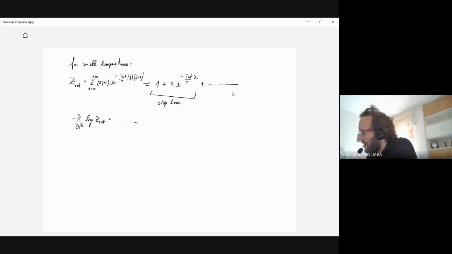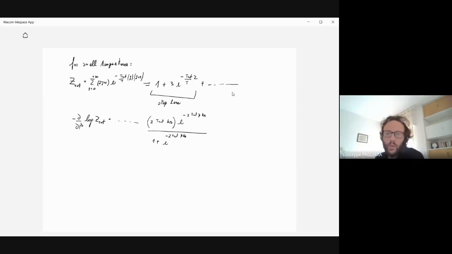It's just making a derivative, and I can just quote the final result, which will be twice t rot kb times the exponential of minus twice t rot beta kb, and at the denominator I have 1 plus exponential minus twice t rot beta kb, where beta is of course 1 divided by t.